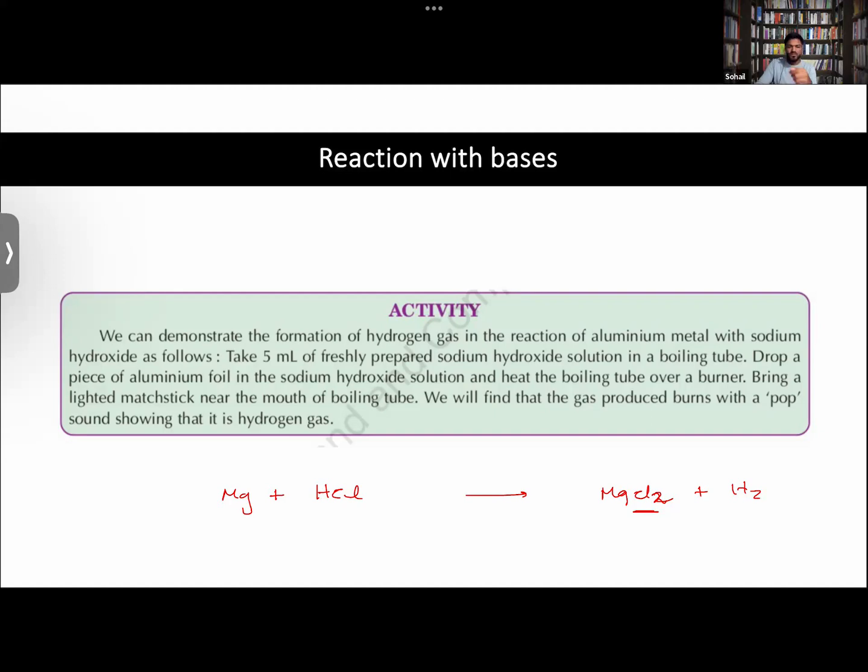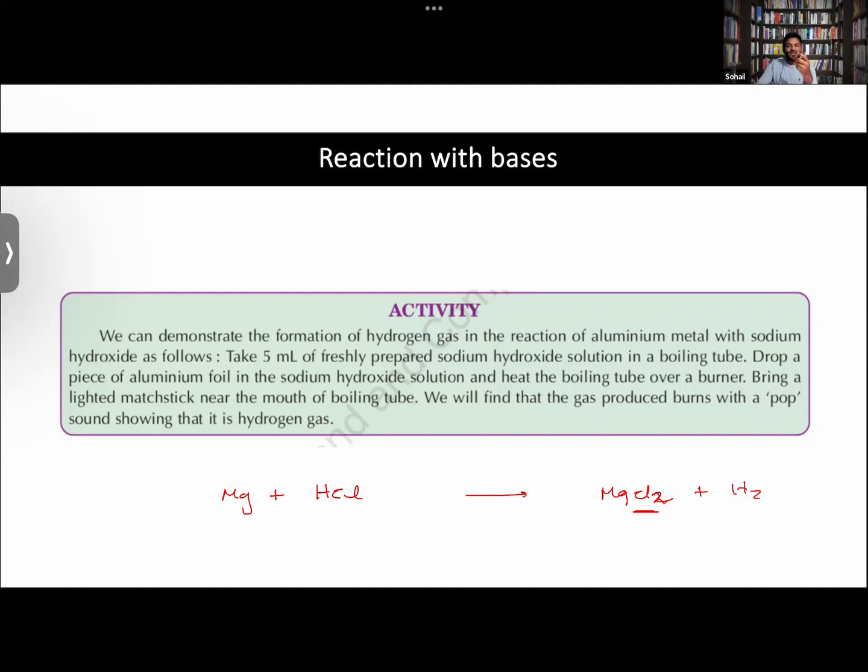Acha, what about metals like silver or gold? Will they also be reacting with dilute acids? No, sir. Look, the thing here is that the rate of reaction will be very slow.